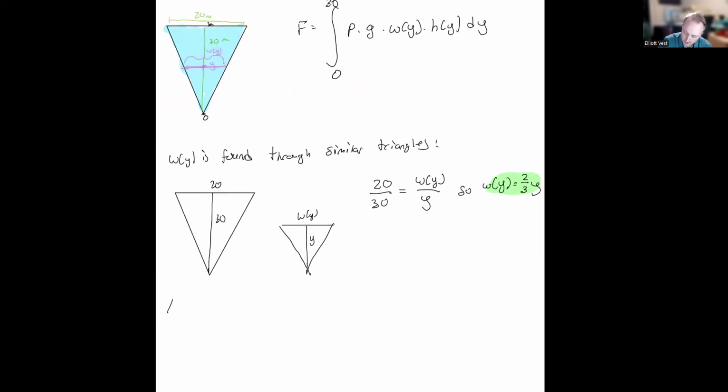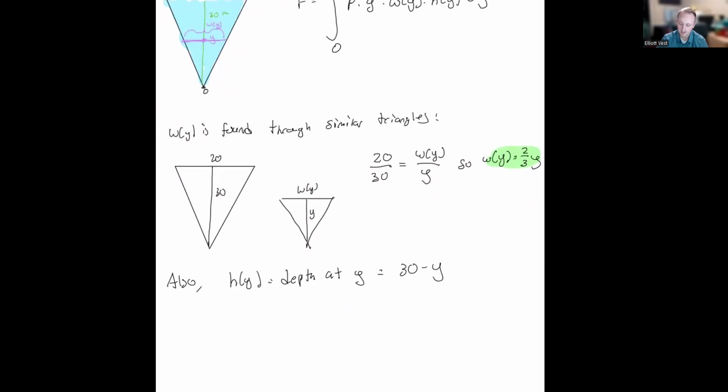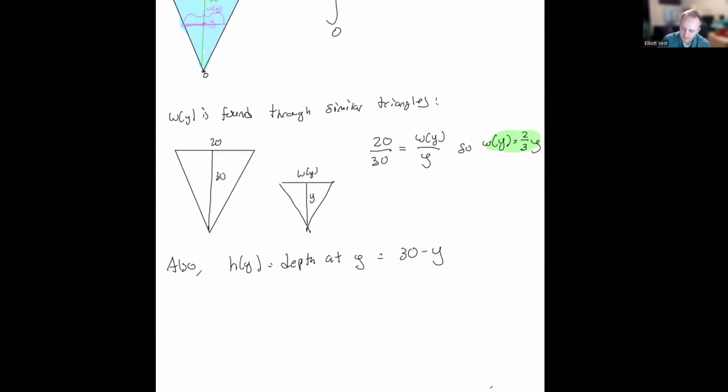So also, we have the width of y, and h of y, which is the depth at y. That's equal to, this whole depth is 30, and then I subtract a y amount to get to my depth spot, so 30 minus y.